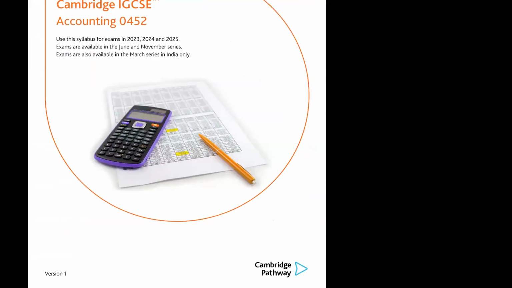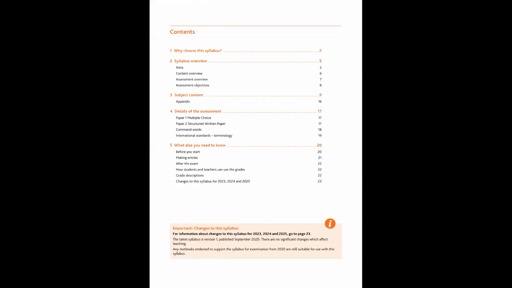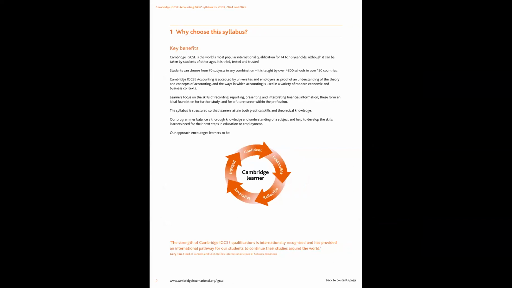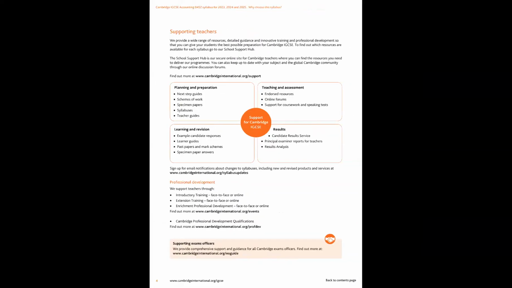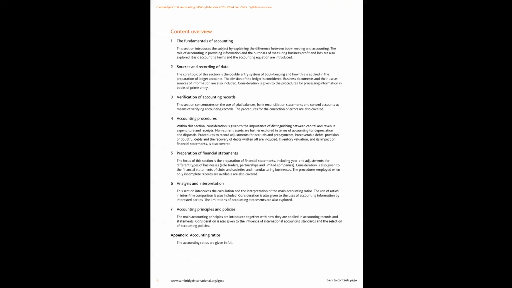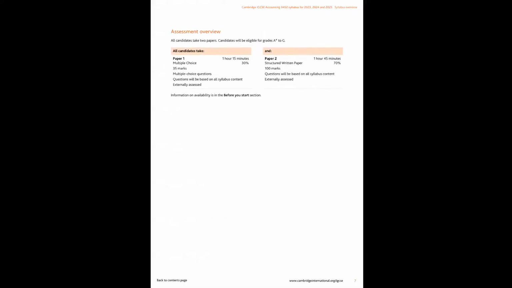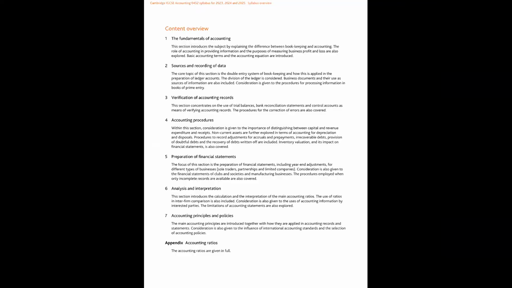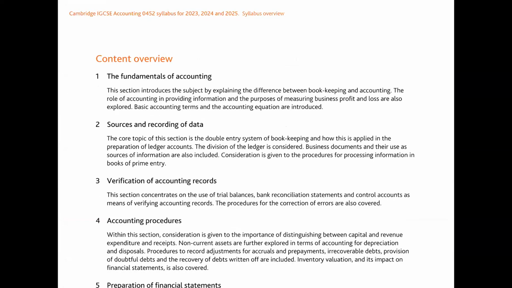And let me just show you now what you're expected to know with the Cambridge syllabus. Right. So about the content overview, to start with, you will need to learn about the fundamentals of accounting.